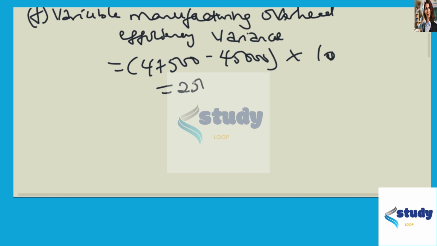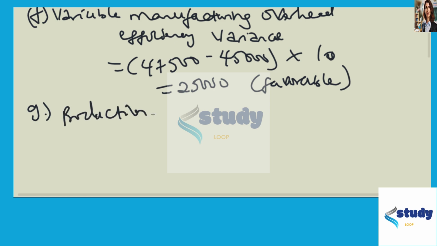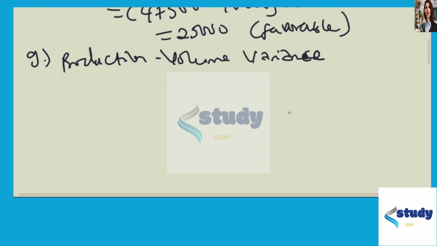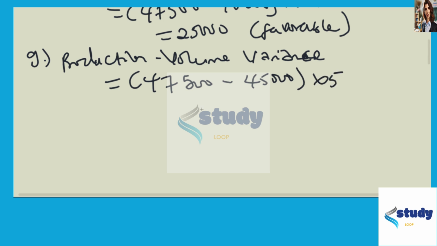So we'll have 25,000, and it is favorable. Now the next one is the production volume variance. To find this, it will be 47,500 minus 45,000, multiplied by 5. This is equal to 12,500, and it is favorable.